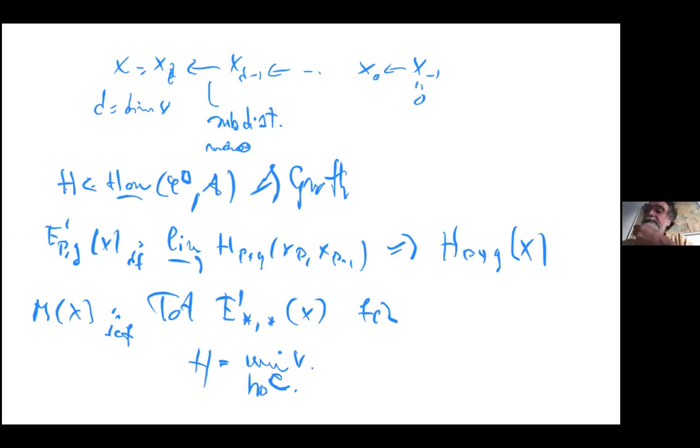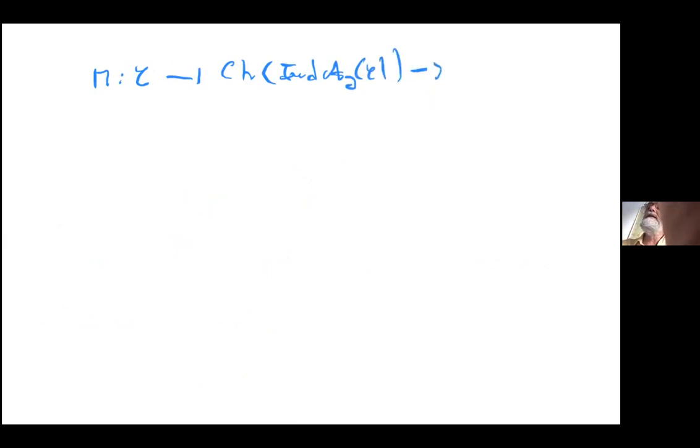And this gives a functor m from C to the chain complexes of ind of A(C), the universal category, ind of the universal category, which, if we choose a homological structure on the category, we get to the ordinary one of C. Okay, so we have this functor.